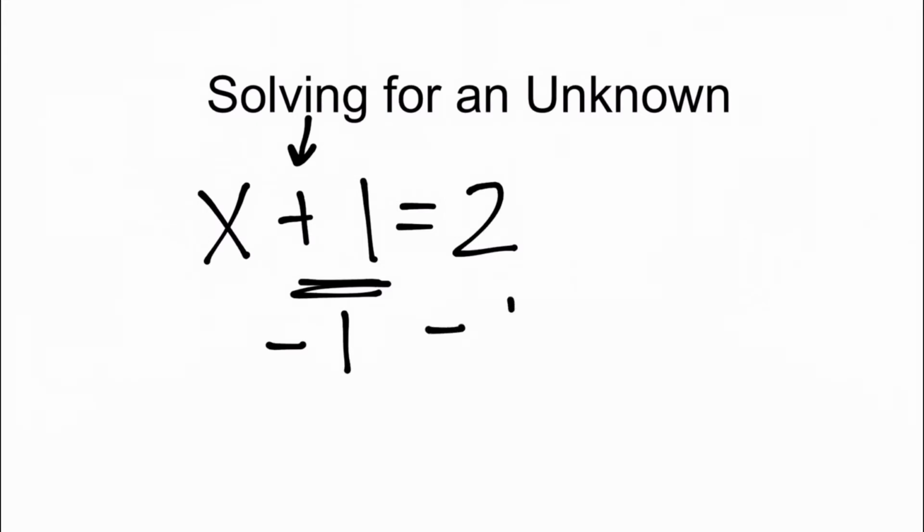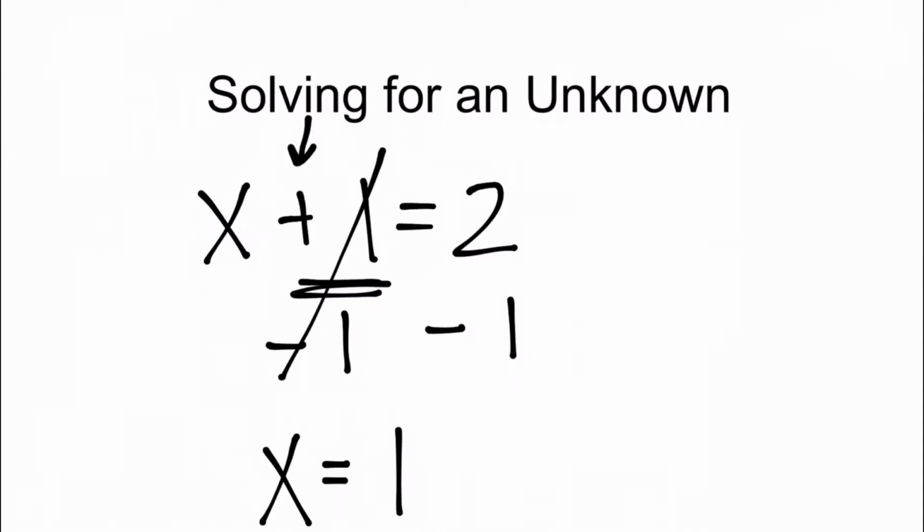And when I minus 1, I have to do it on both sides of the equal sign. Whatever I do to one side of the equal sign, I must do to the other. So when I do that, I cancel this out, and I'm left with x by itself on this side of the equal sign. I bring down my equal sign, and then I do 2 minus 1, which is 1.